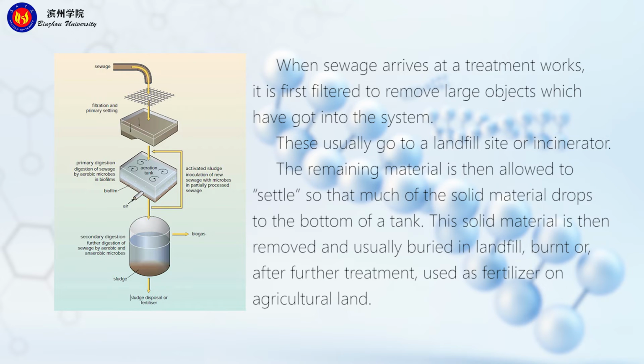The remaining material is then allowed to settle so that much of the solid material drops to the bottom of a tank. This solid material is then removed and usually buried in landfill, burned, or, after further treatment, used as fertilizer on agricultural land.